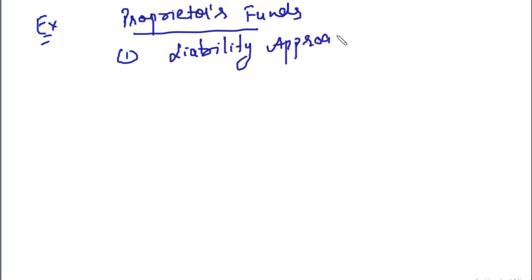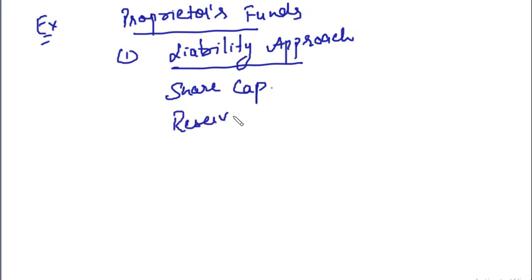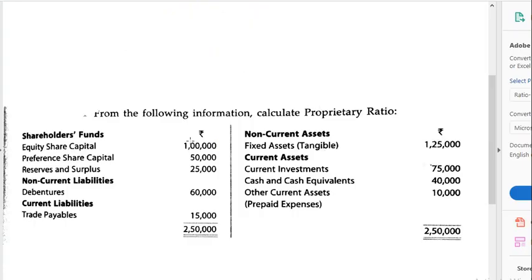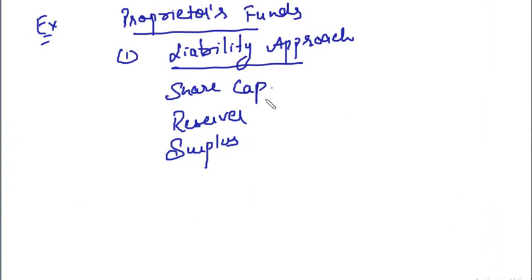right? So for the liability approach, we need share capital, reserves and surplus. We need three things. Are we given these three things? Share capital, yes. Equity share capital of 1 lakh and preference share capital of 50,000. So what is the share capital?